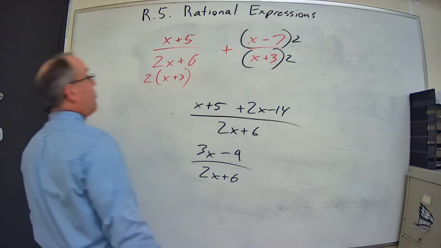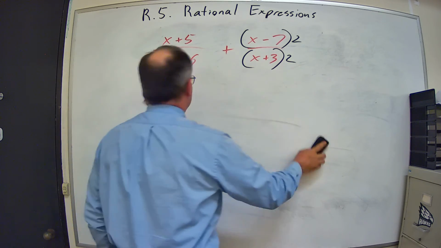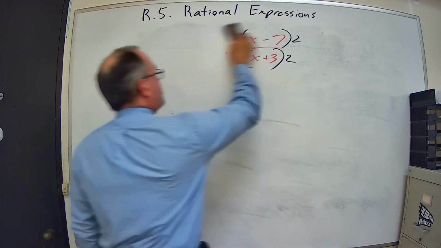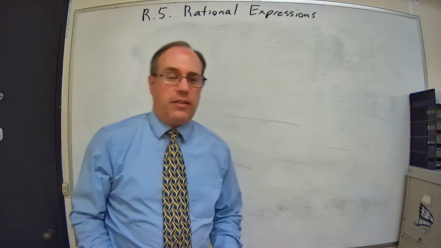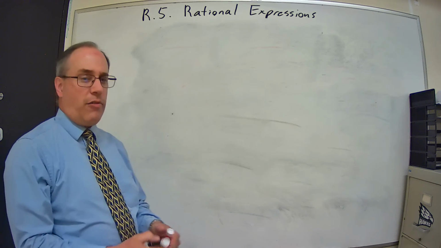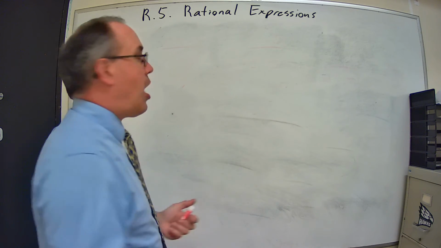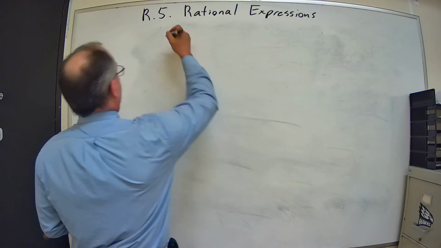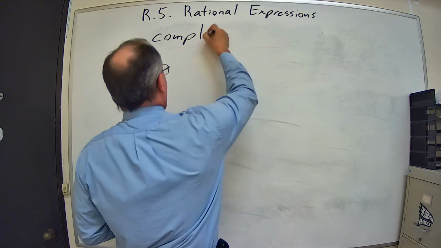Now, a final thing I want to mention about these rational expressions is just basically a rewriting of something we've already done, which is complex fractions. So let me write that out since I'm not saying it clearly right now.